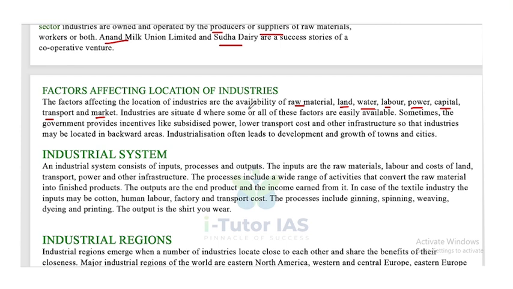Industries are situated where some or all these factors are easily available. Sometimes the government provides incentives like subsidized power, lower transport cost and other infrastructure so that industries may be located in backward areas. Industrialization often leads to development and growth of towns and cities.